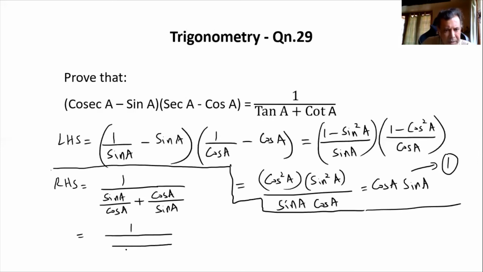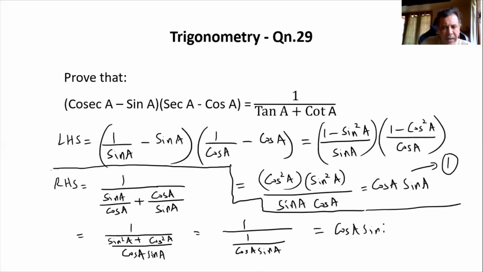LCM is cos A sin A. So here it will become sin square A. This will become cos square A. So that means this is 1 divided by 1 by cos A sin A. 1 divided by inverse of cos A sin A, that will lead to cos A sin A. Call this as 2. Now we may note 1 is equal to 2. So hence the proof.